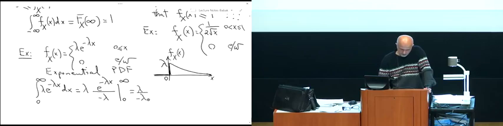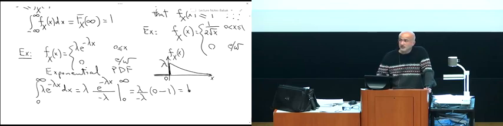So I've got lambda over minus lambda. At infinity, what does this exponential evaluate to at plus infinity? 0. Minus, what does it evaluate to at x equals 0? 1. So that gives you 1. So I've got a non-negative function. It integrates to 1. I've got a valid PDF, and it turns out to be a very important PDF.